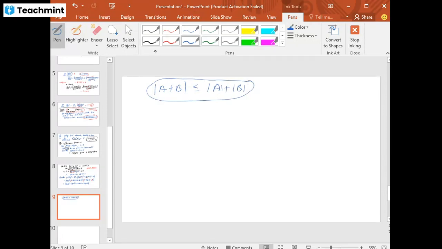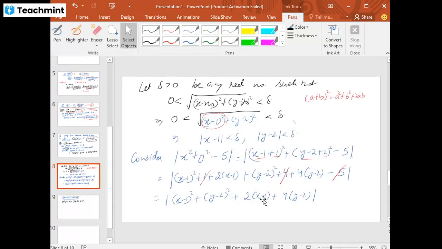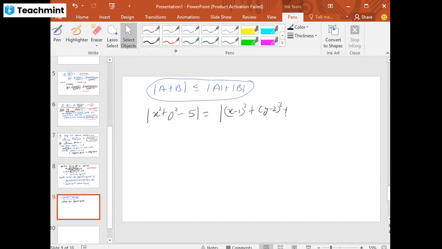If we use this property, then we have |x square plus y square minus 5|, this is the part from where we have started, and we now reach the point x minus 1 square plus y minus 2 whole square plus 2 times x minus 1 plus 4 times y minus 2.